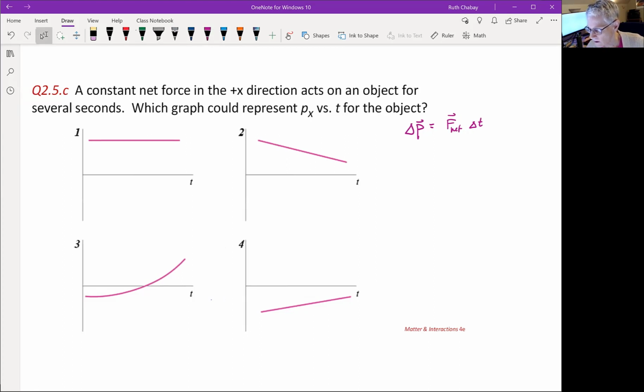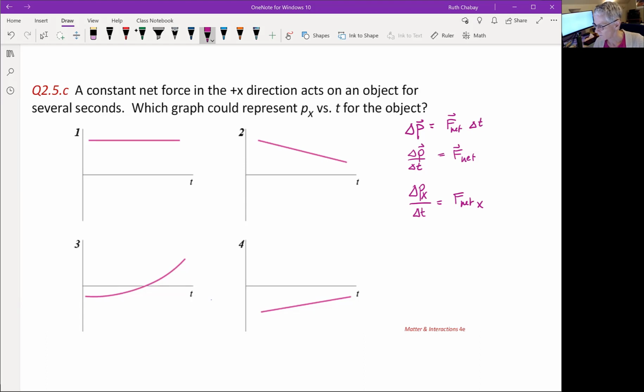Now this is a 3D vector, but as we know, a vector equation is really 3 equations, one for each component. So we'd have the change in the x component of momentum over time is equal to the x component of the net force.